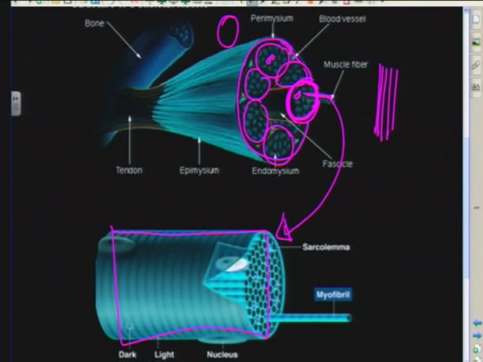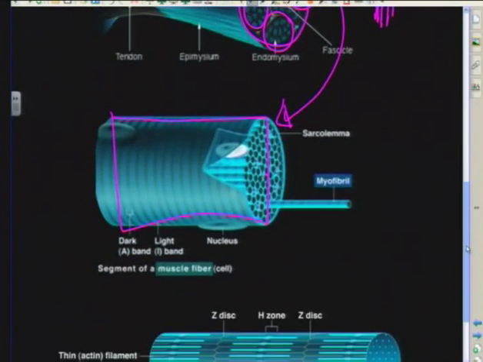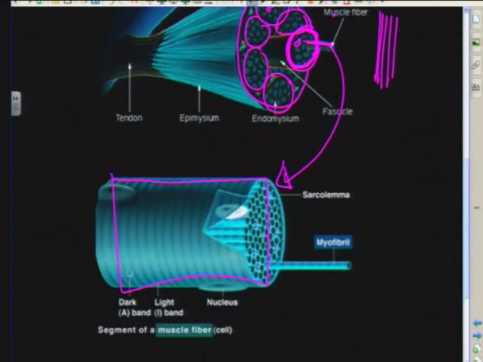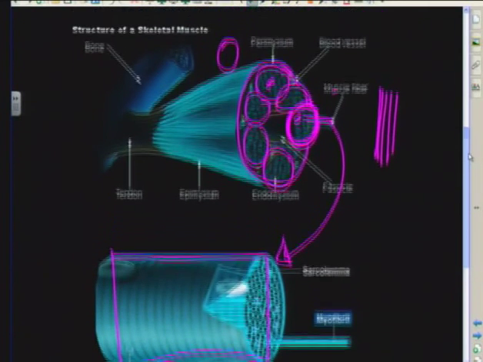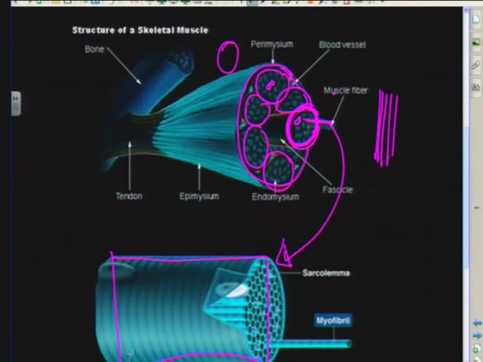Now, if we have a look at the next diagram, I've gone from big to small. You will see again, let me use the words: perimysium, connective tissue around the bundle; endomysium, connective tissue in between each of the muscle fibers; epimysium, around the whole muscle joined together.